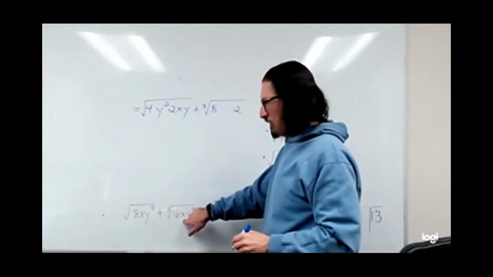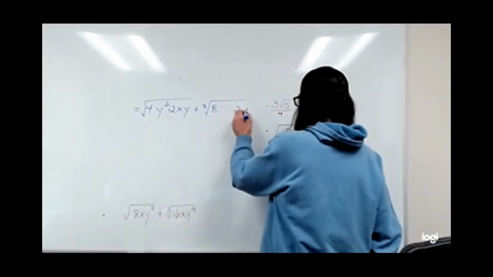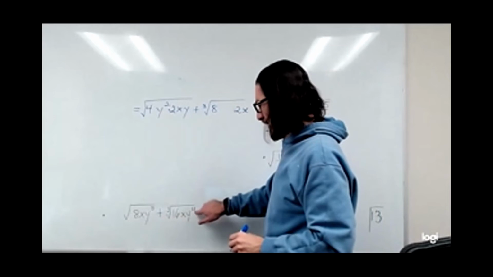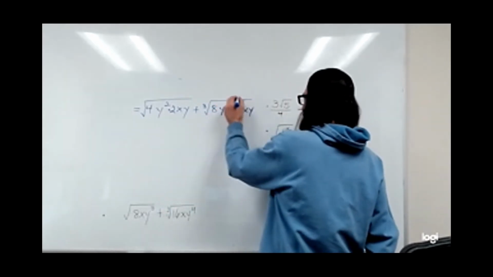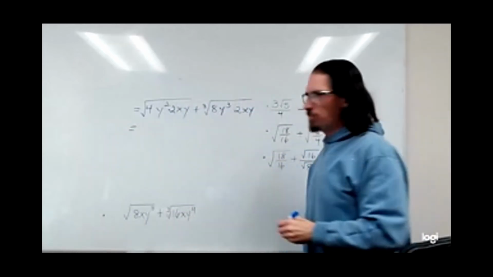The power of x is too low, 1 versus 3. Well, y to the 4th, that's 1 higher than the index. Split that up as y cubed times y to the first. And applying the product rule.